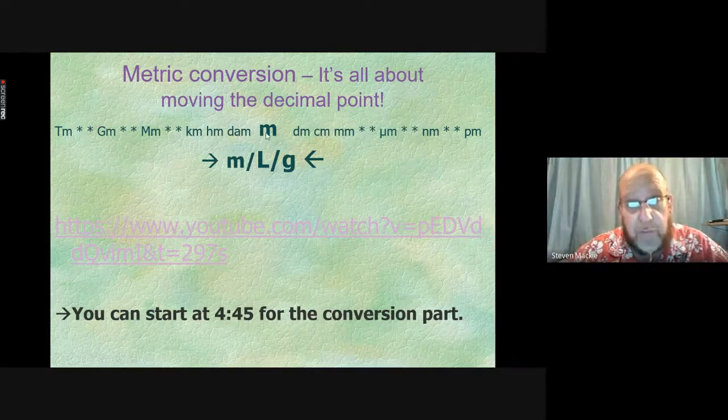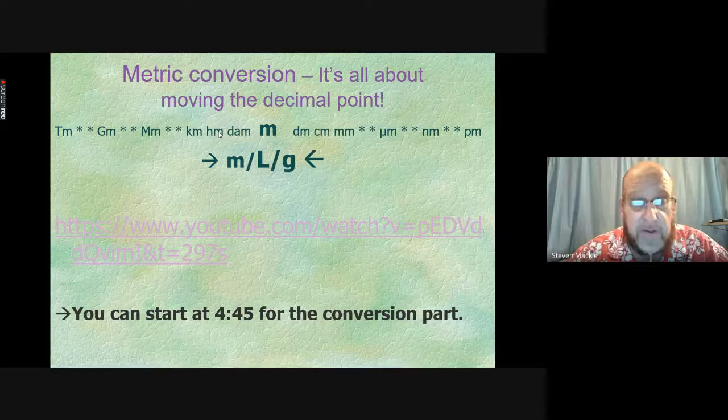Now, when you move to the left over here, notice you are multiplying by 10, and another 10, 10 times more, 10 times more, and so on. So these asterisks here represent powers of 10. A decameter is 10 meters.